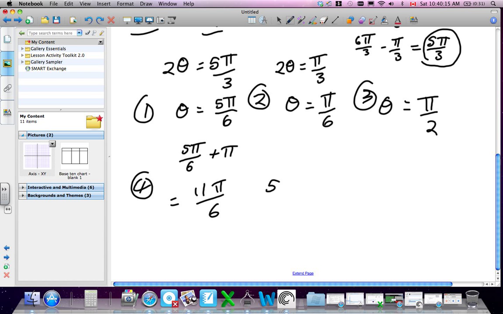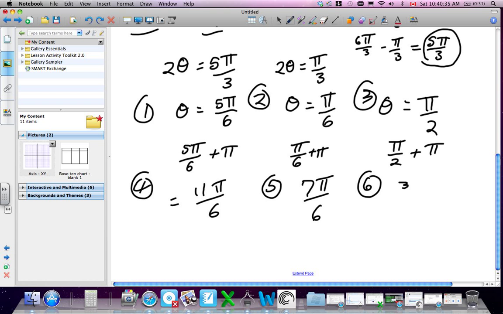Okay. Solution 5 is solution 2 plus pi, so pi over 6 plus pi. That's going to give us our 7 pi over 6. And finally, solution 6 is solution 3 plus pi, which is going to give us 3 pi over 2. Right?